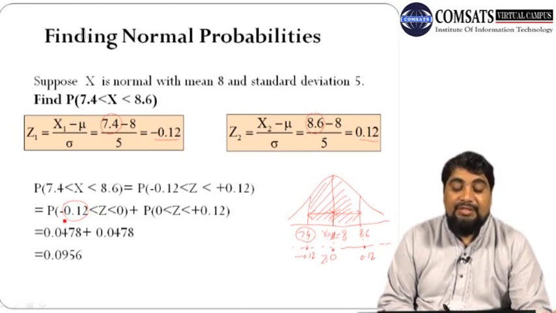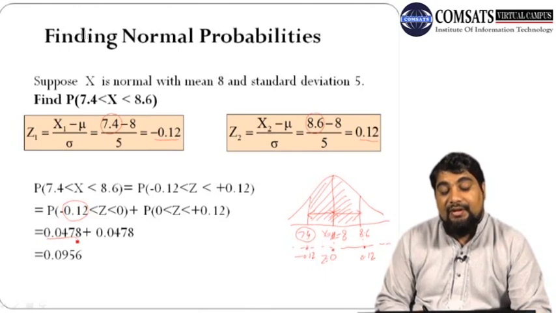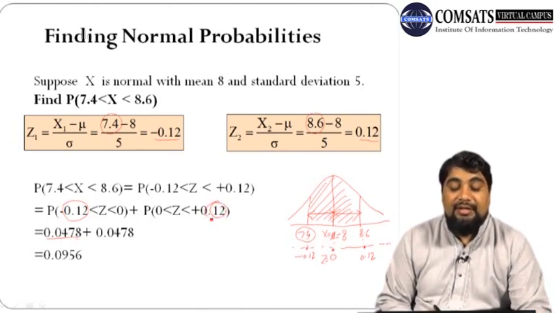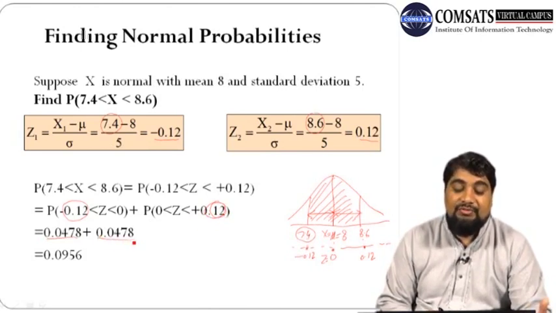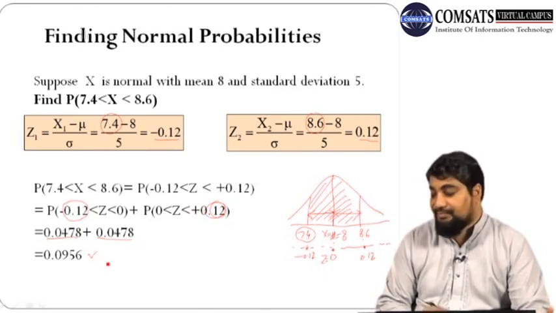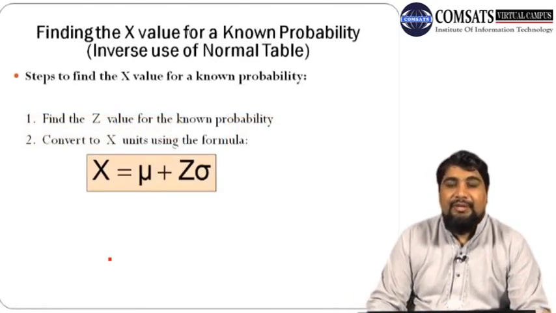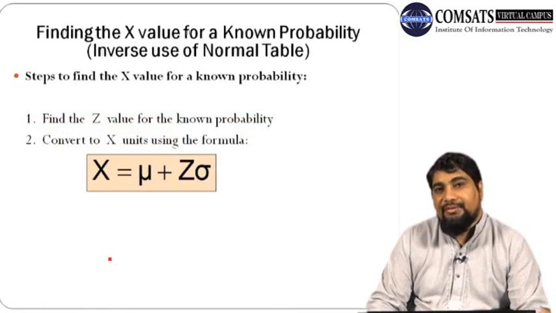So it is 0.0478, and similarly this 0.12 is the same area or same probability. So just add these two numbers together, we get 0.0956, which is 9.56%.